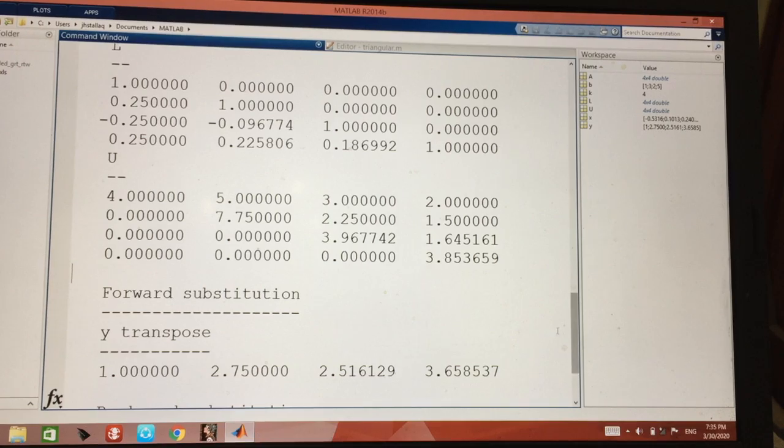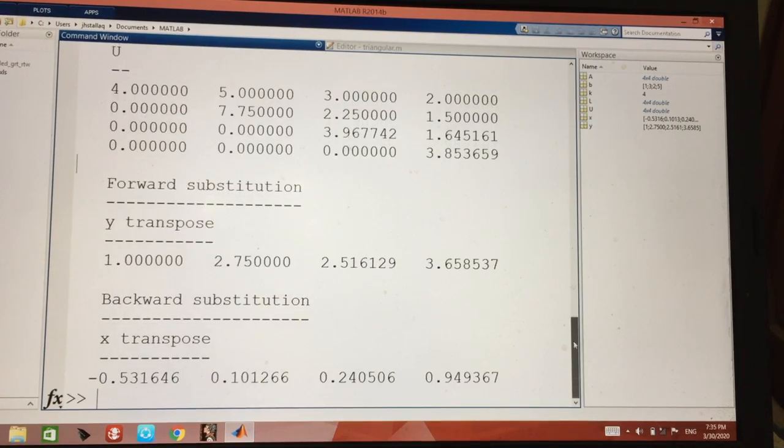To determine x, we use what? Backward substitution. We have used forward substitution first to determine y, and this is y transpose. Because y is a column vector, while y transpose is a row. I just want to write it as a row vector. So that's why we calculated from that.